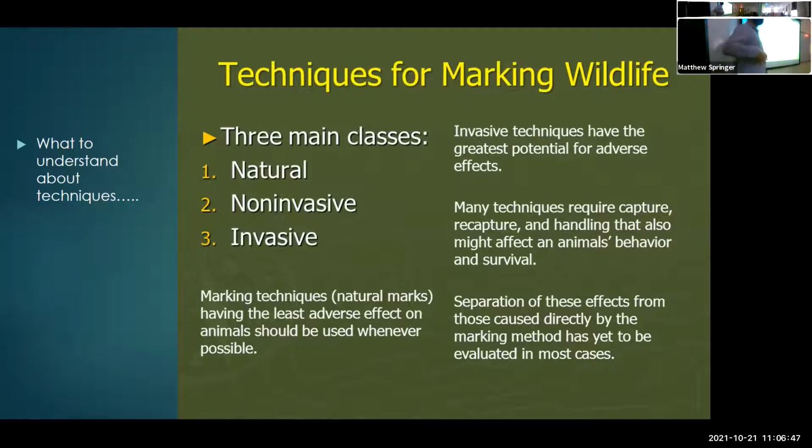And we then can use those patterns, saying, okay, we don't have to put a tag on it. That animal itself, because of the way it looks, is providing its own tag. And there are actual computer programs that have algorithms that will run through and actually sort them out for you. So it has created both an easy way of marking and also an easy way of dealing with the data you collect.